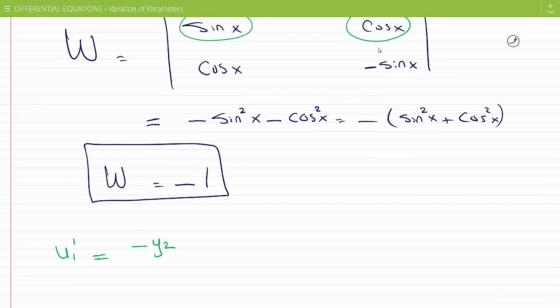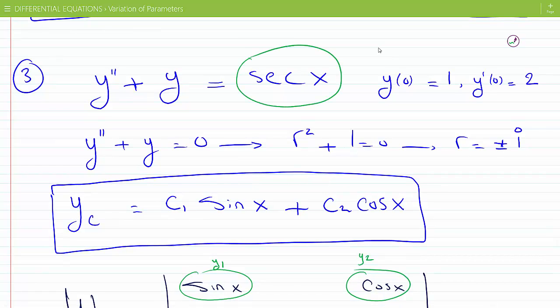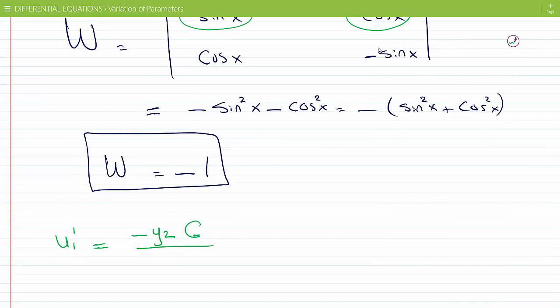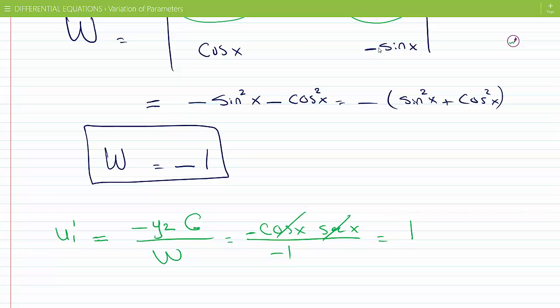So minus y2 times g, and g of x is secant x, over the Wronskian. We plug them in: minus cosine x secant x over minus 1. That will get us 1, because cosine times secant is 1, since secant x is 1 over cosine x.